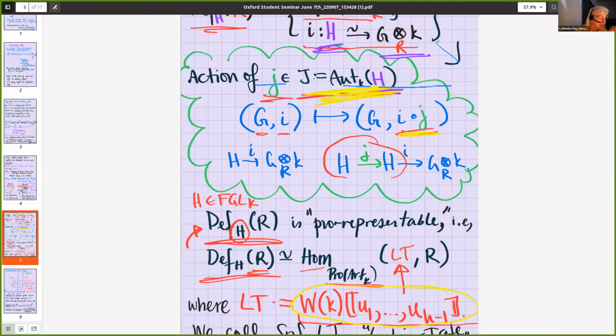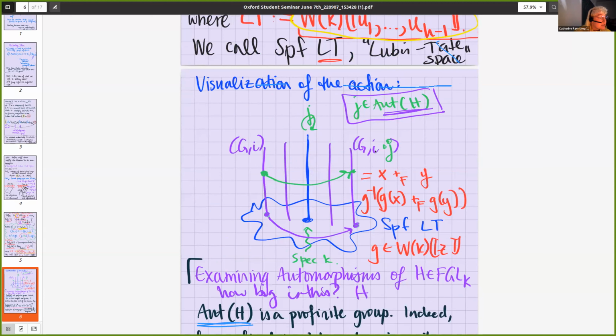So how does the action work? I was talking about the fact that we have an action by the automorphisms of H, which is just precomposition on I. This is just me visualizing: if we're at some point of this moduli space of deformations, we apply the action of an automorphism of H, and we get sent to another thing in this moduli space of deformations.